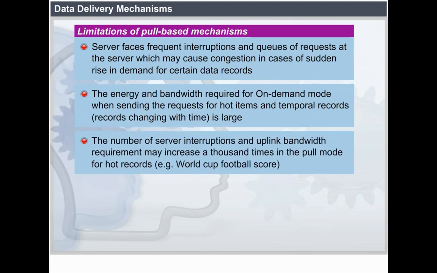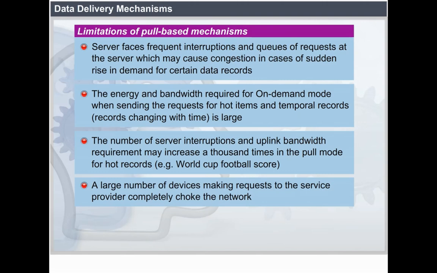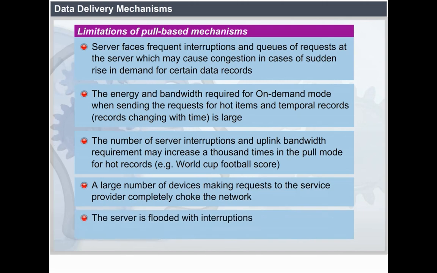The number of server interruptions and uplink bandwidth requirement may increase 1,000 times in the pull mode for hot records, for example, a World Cup football score. A large number of devices making requests to the service provider choke the network. The server is flooded with interruptions.